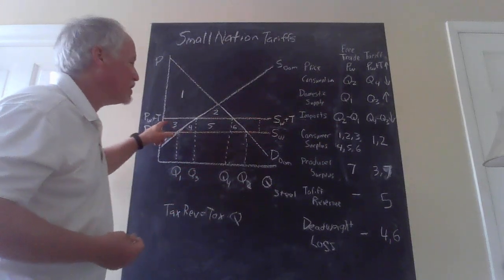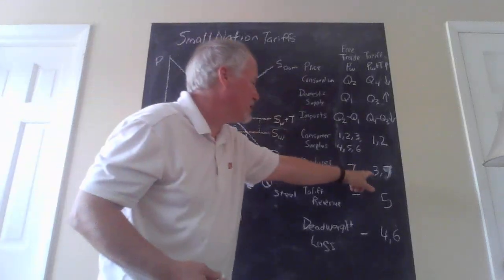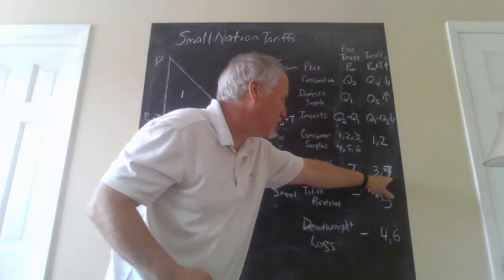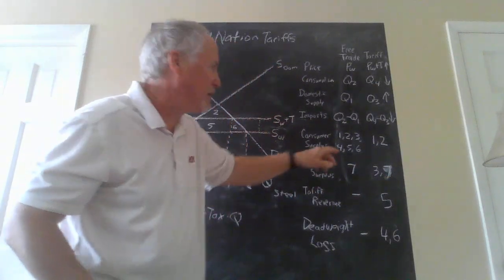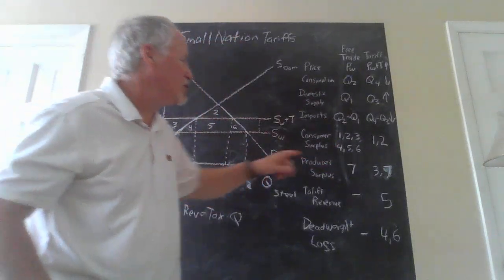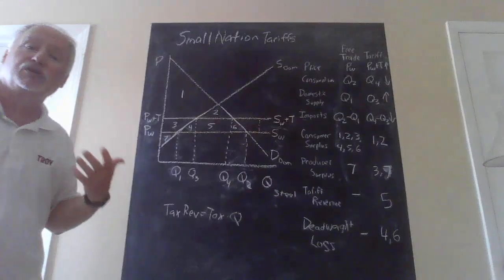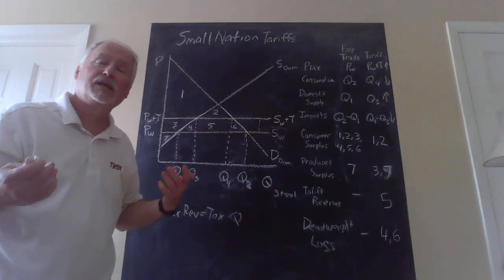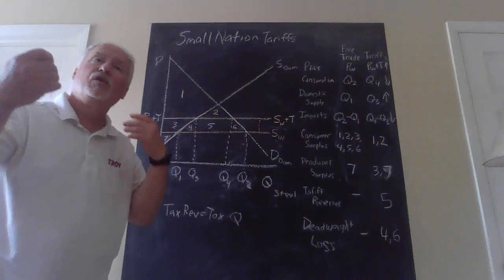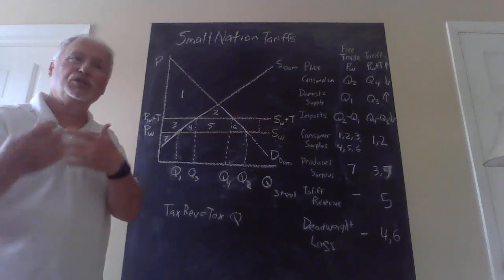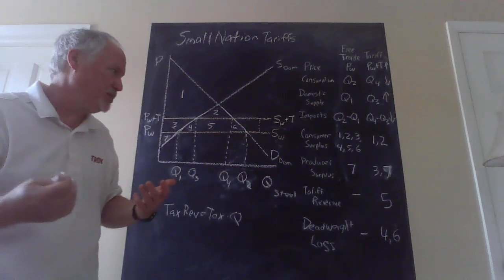And it does increase the surplus for the domestic industry. The consumer surplus was 3 and 7 in free trade, only 7 with producer surplus, and 3 came from the consumer surplus to the producer surplus. So the tariff trade protection generates a transfer from domestic consumers to domestic producers.